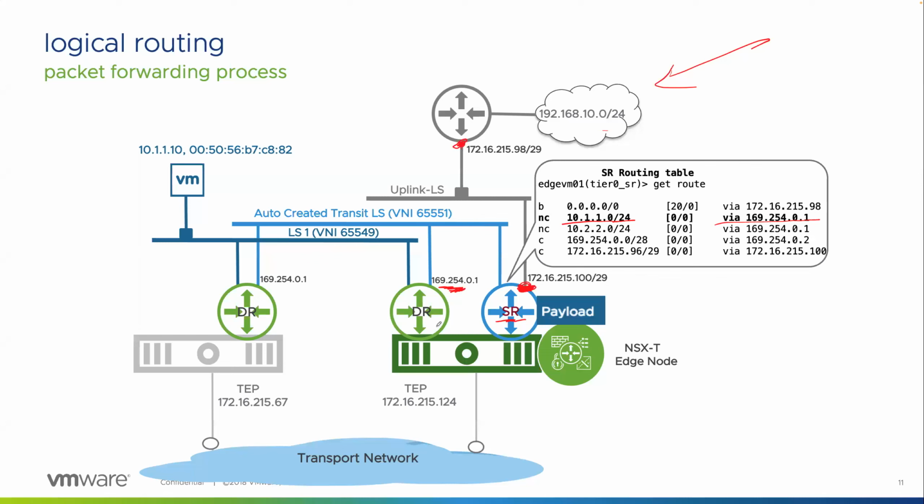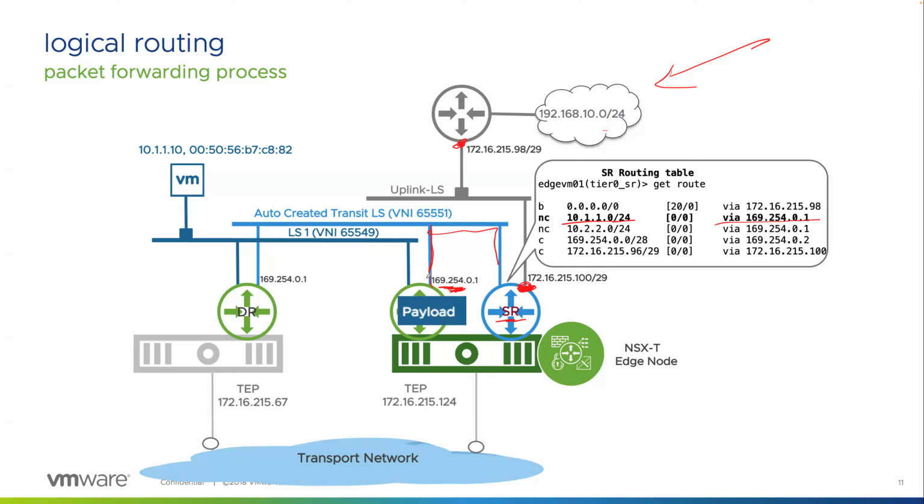When we think about routing at a DR, NSX always uses the closest DR as a routing node, as a router.